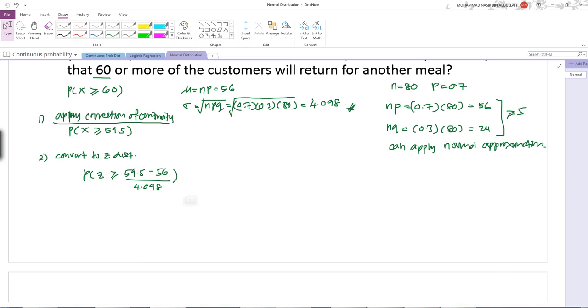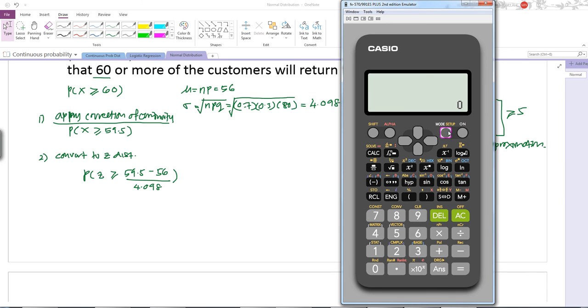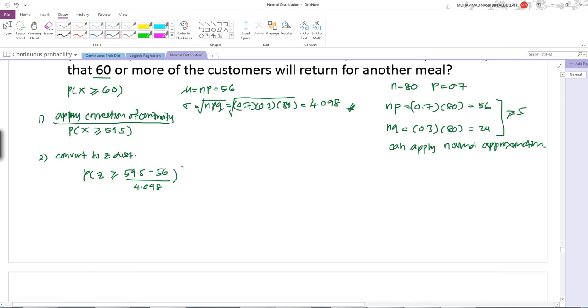So what is the value here? 59.5 minus 56 divided by 4.098. So this one should be equal to 0.854. So probability of Z more than 0.85, right?